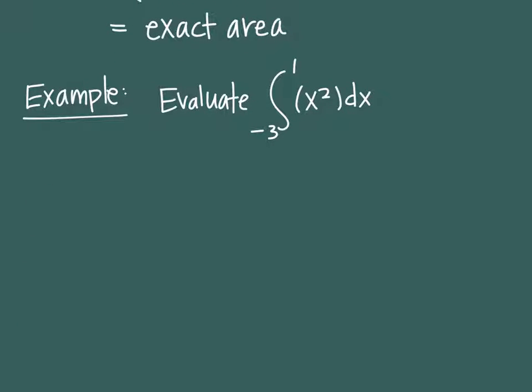Now you could get close to the right answer using RAM or TRAP or SIMP, because what this is doing is finding the area under a parabola, from negative 3 to positive 1 and above the x-axis.